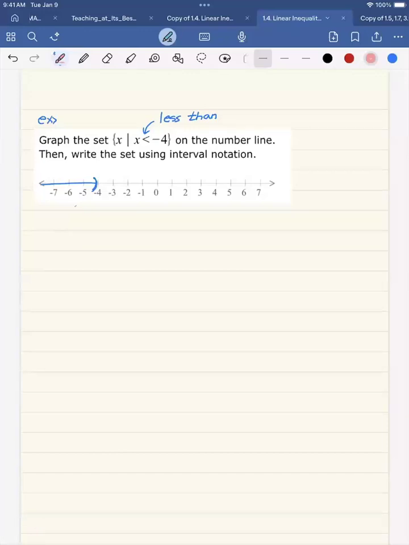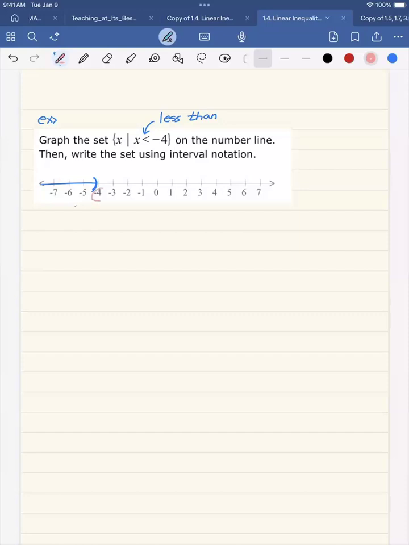In this question, we have to graph the set x less than negative 4. There is no small horizontal line, so this is strictly less than negative 4.